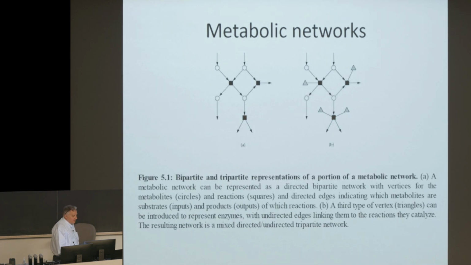So one of the very important biological examples of such a network is a metabolic network. You can see that these circles are reactants, these are metabolites. Okay, so for some reason, can you see my cursor? Yes. So you see these are the metabolites, and these are the products of reaction.